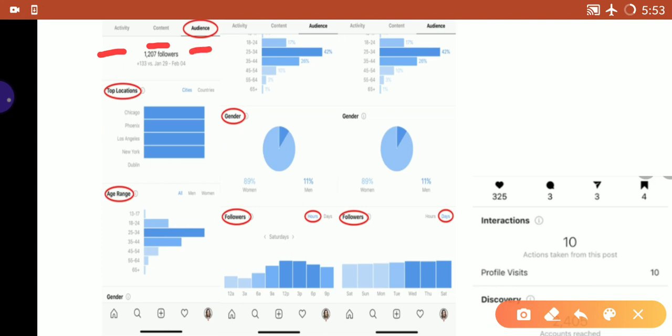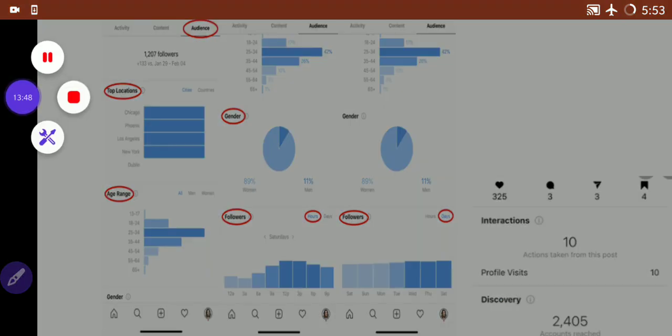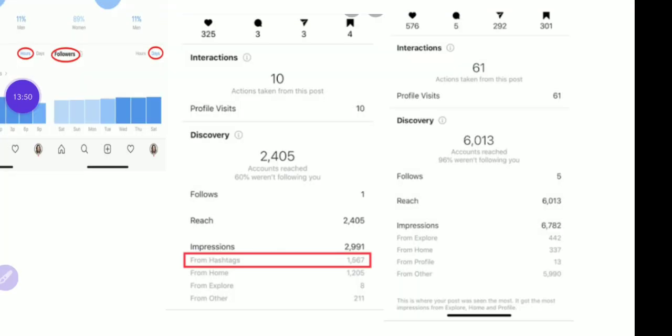If we see the insight bar, you can see the major metrics being provided here, the interactions, which may be your profile visits, your likes, whatever the objective of your business account is. It can be your follows, so it gives you follows, reach, impressions, all the data from here.